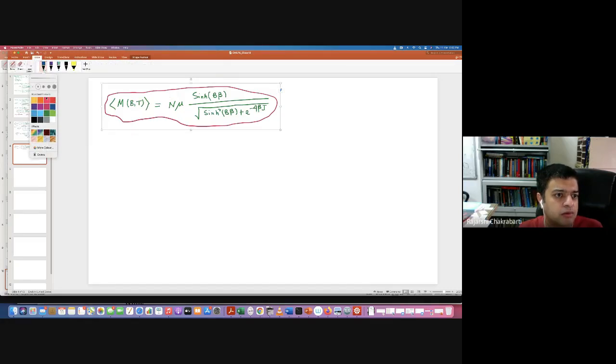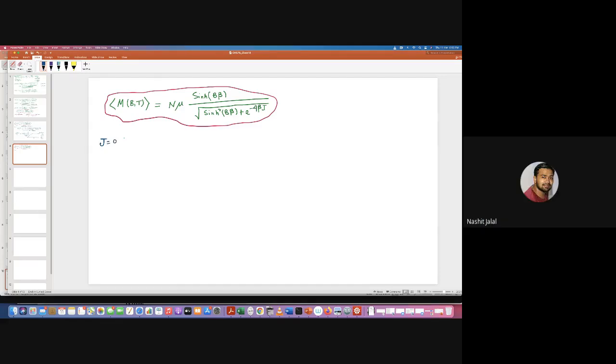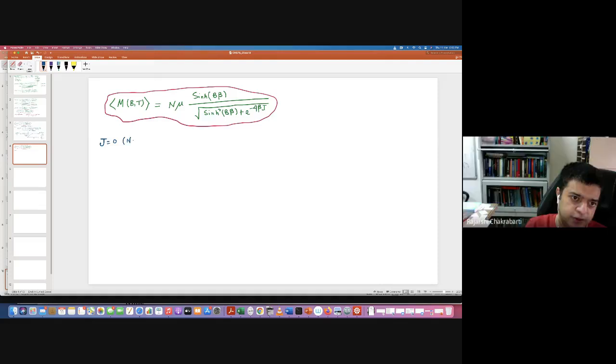Now what I'm doing is just putting J equal to 0. What does it mean if I put J equal to 0? Non-interacting. Spins don't interact with each other. But B is not equal to 0, so you have some external magnetic field.